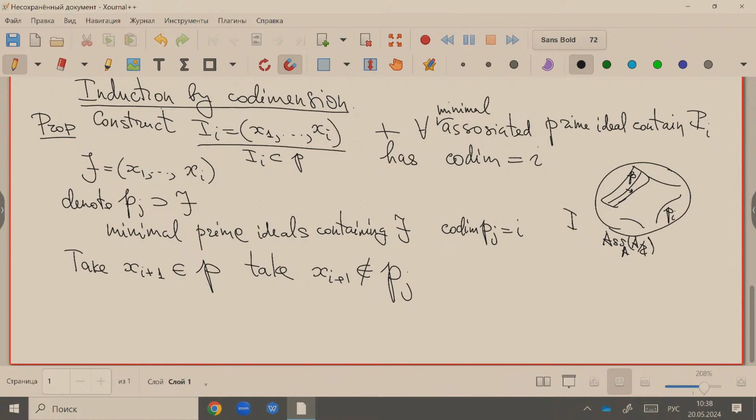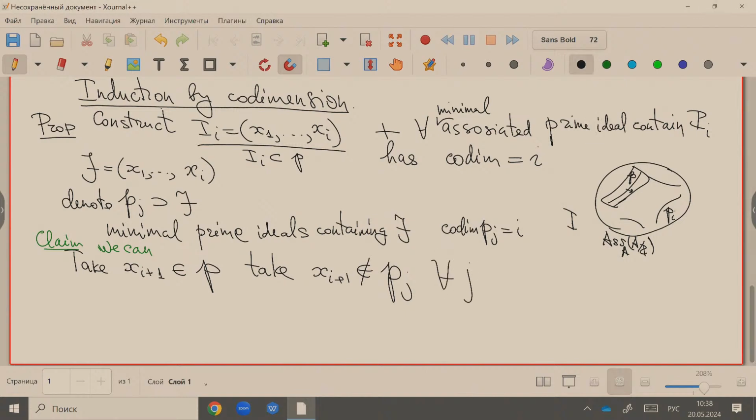This is a claim actually, it's not clear. So we can take this kind of element with this property, for any j.